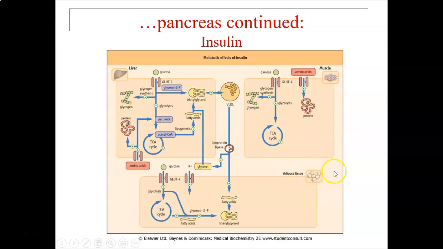The other thing insulin is going to do is stimulate glycogenesis, excuse me, the generation of glycogen. Remember that glycogen is what's stored in the liver as well as the skeletal muscle, in mammals and in animals such as you and I. Glycogen is one of the storage forms of glucose.